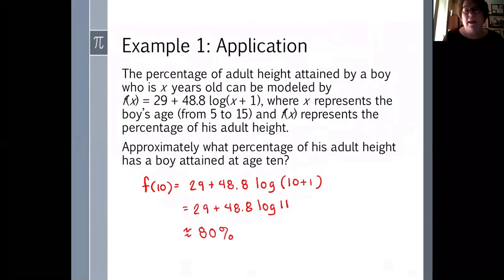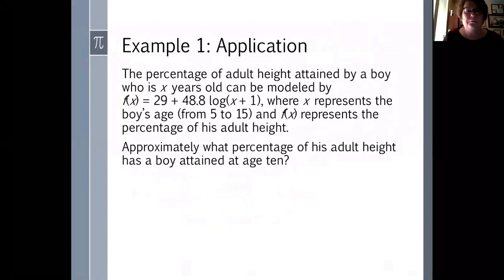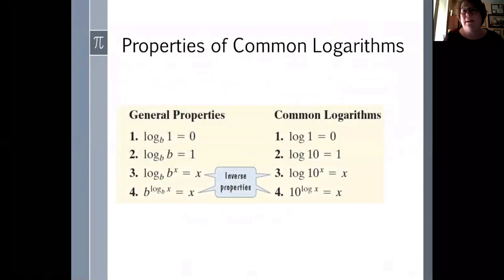All right, the next logarithm that you have available on your calculator is the natural logarithm. And I guess I need to go over some properties. Any properties that hold for any base will hold for the common logarithm. So if you have log base b of 1 is 0, the log base 10 of 1 is 0, etc.